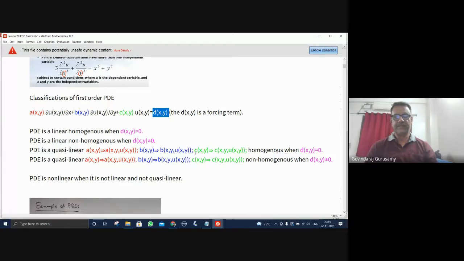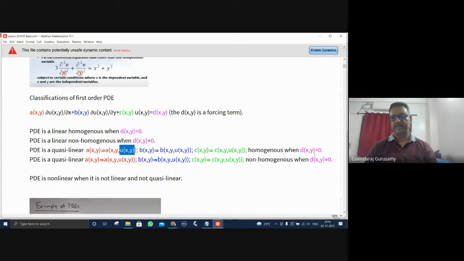So if the dependence on u(x,y) enters for the A term, B term and C term, this is also a PDE, but it is quasi-linear. When this dependence enters for the terms A, B and C, it can be homogeneous, but it's quasi-linear. It's not a completely linear equation.